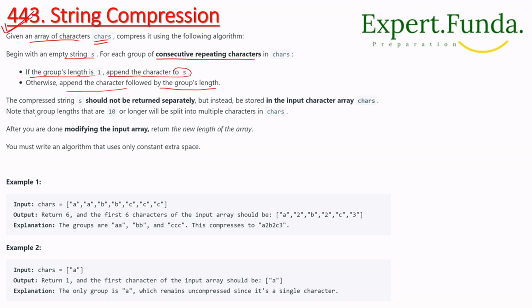Now it is saying that the compressed string s should not be returned separately, but instead be stored in the input character array chars. Note that group lengths that are 10 or longer will be split into multiple characters in chars.